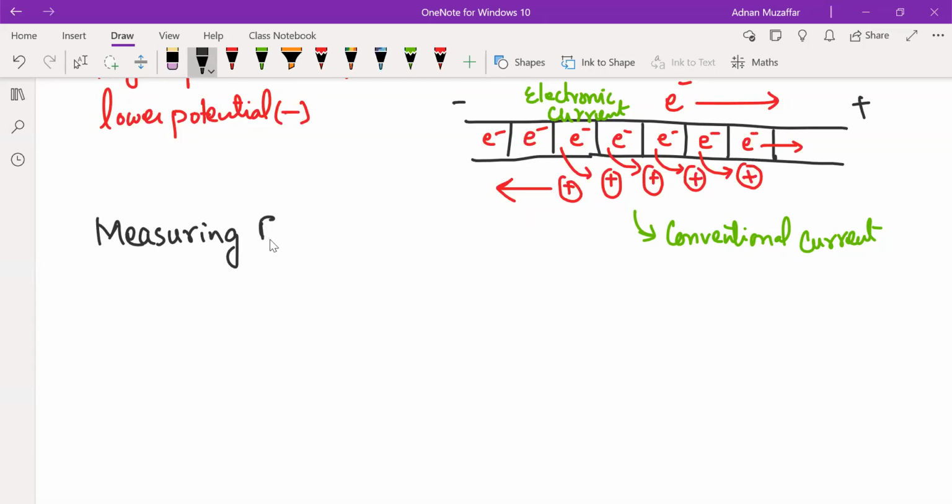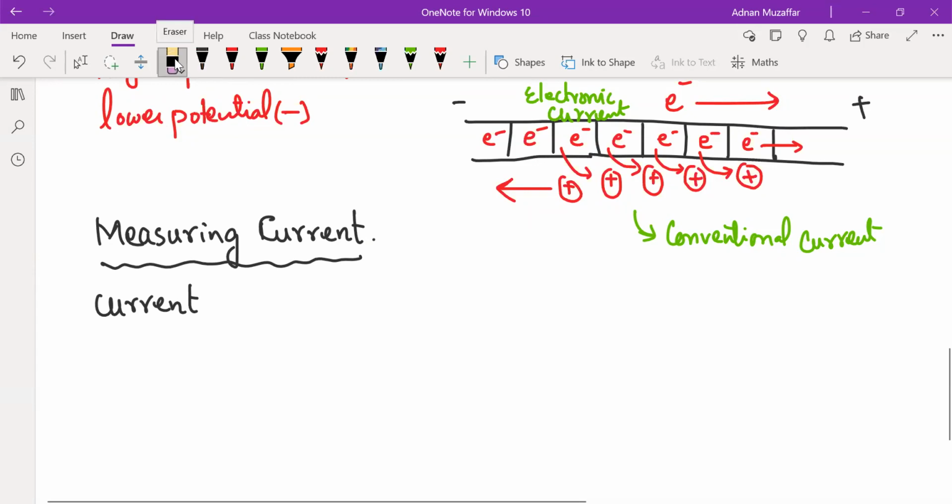So, measuring current. Current is measured by an instrument which is called an ammeter. All of us are familiar with it.